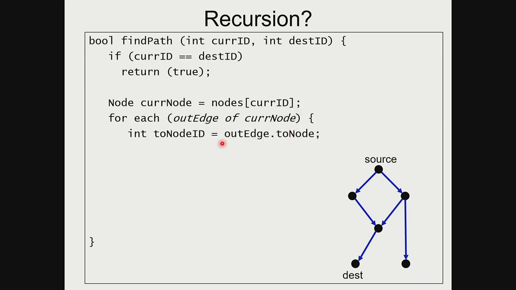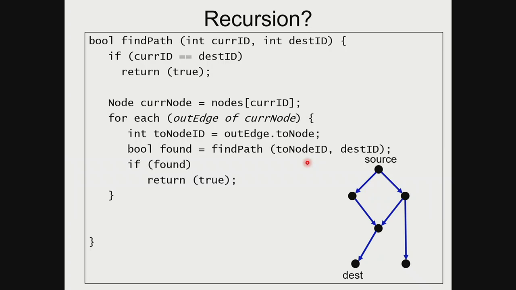So your new current ID or new source will be one of these children, right? Okay, so if it is found, we return true. If not, we continue traversing down the path. Because let's say we are here, and when we call this child, this will return true.